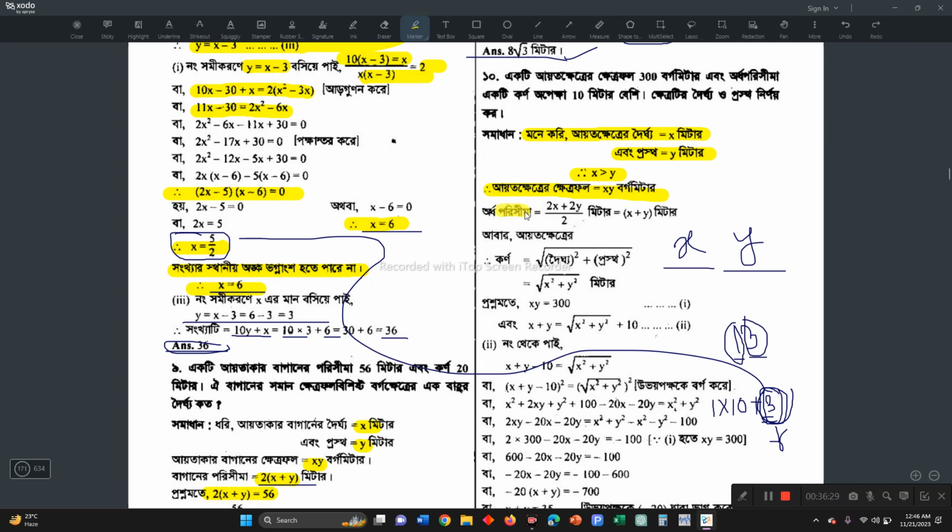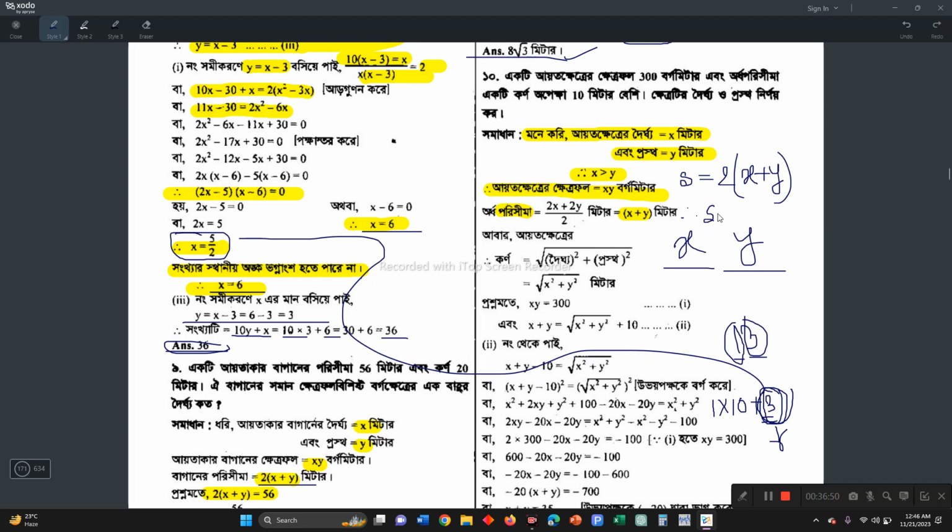They have said the perimeter is equal to x plus y, but this is not the perimeter, it is the semi-perimeter. The perimeter is equal to 2 into (x plus y), so the semi-perimeter will be 2 into (x plus y) divided by 2, or x plus y.